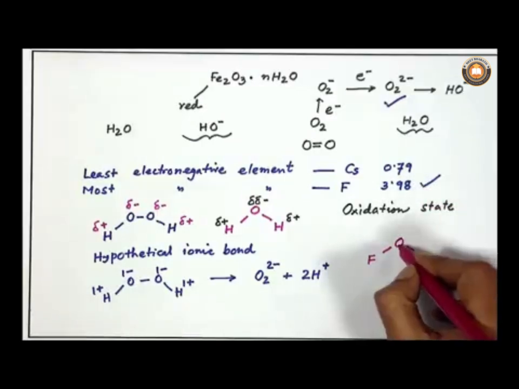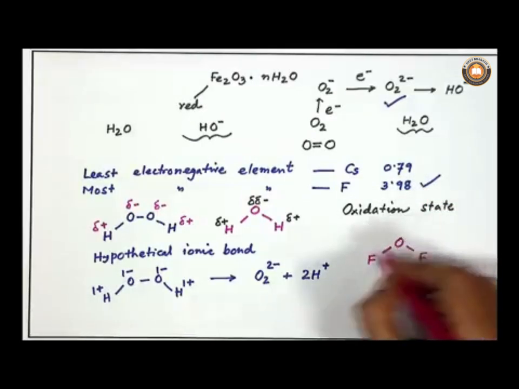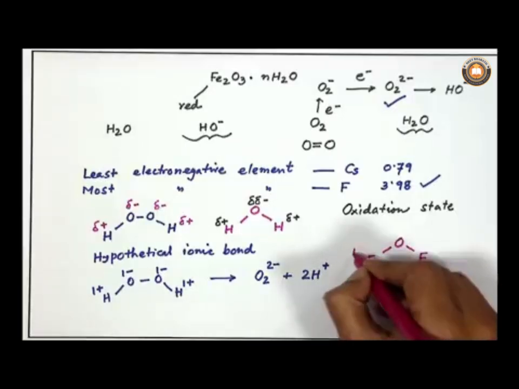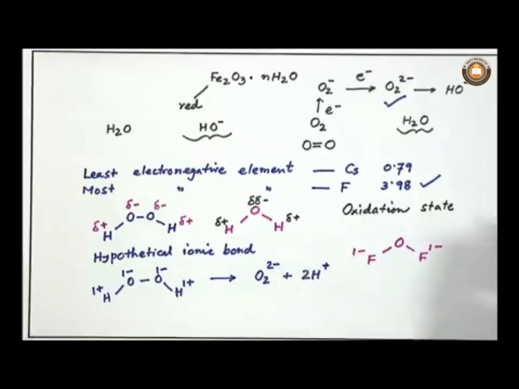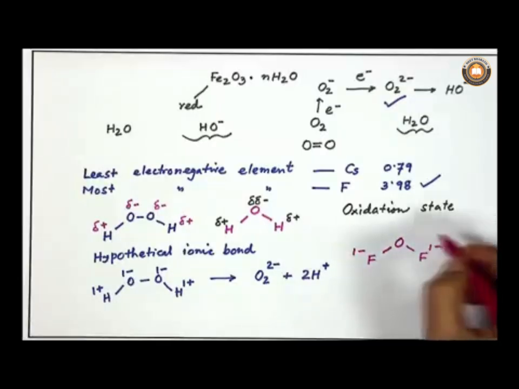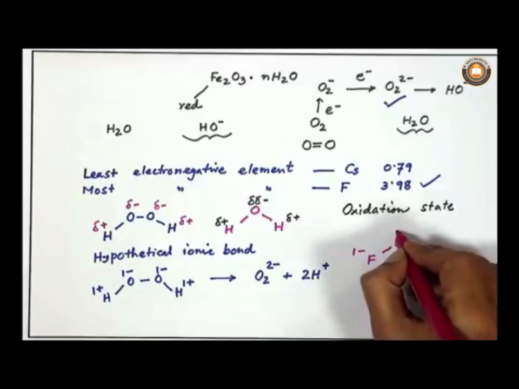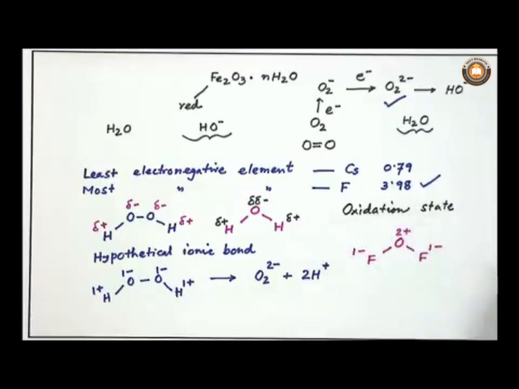So, the separation will give rise to a negative charge on F minus. F minus will always be there as a negative charge, and this O will be O2 plus.